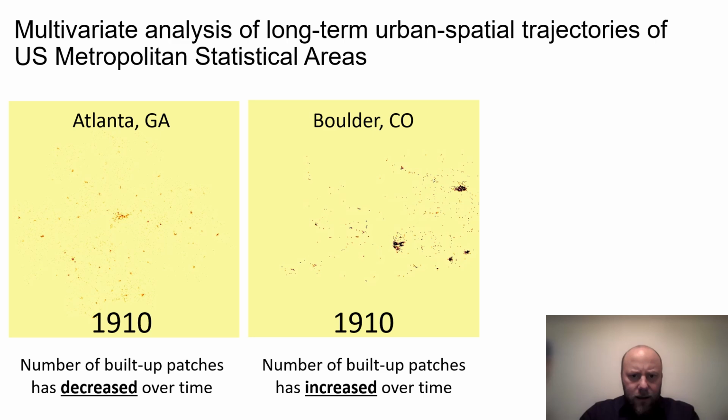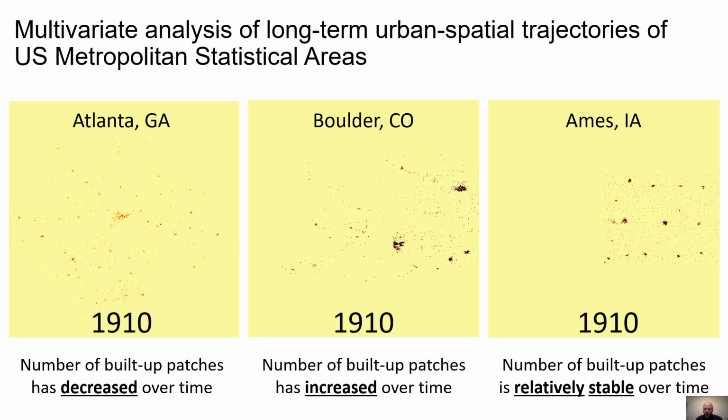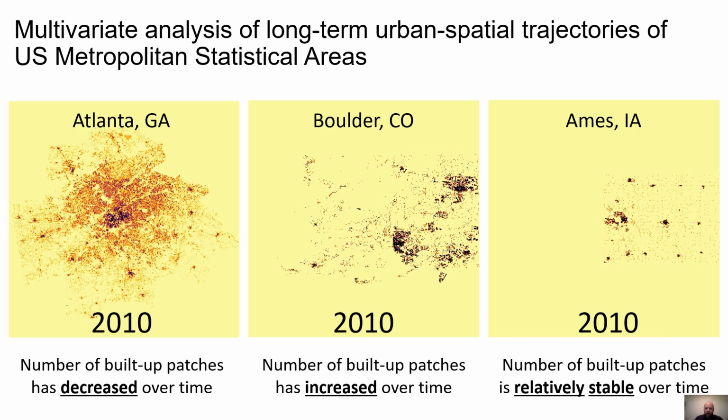Whereas the second example, Boulder, consisted just of a few tiny patches of built-up land in 1910, and nowadays there are many more of those patches. And the third example, Ames, Iowa: the number of these patches, or contiguous areas of built-up land, has stayed relatively stable.